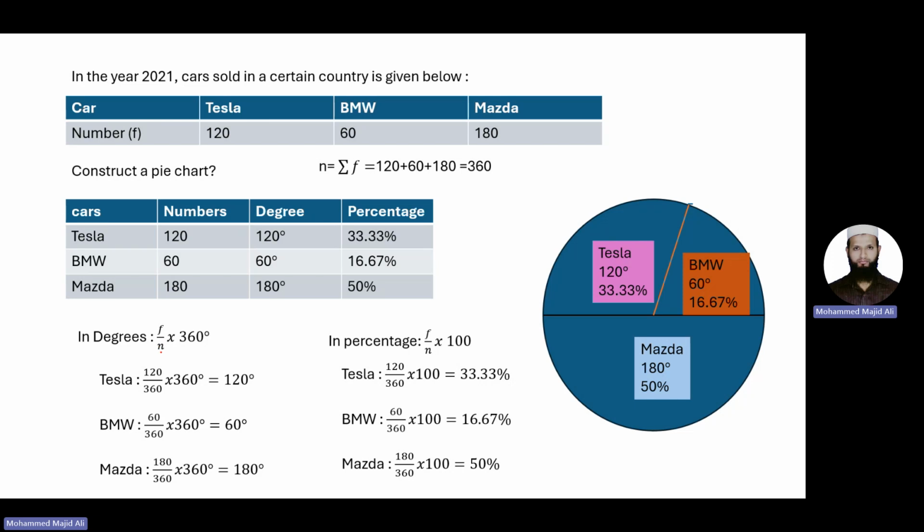F by N multiply 360 degrees, because for a circle, one whole revolution will be 360. In percentage, if you are calculating, F by N multiply 100.